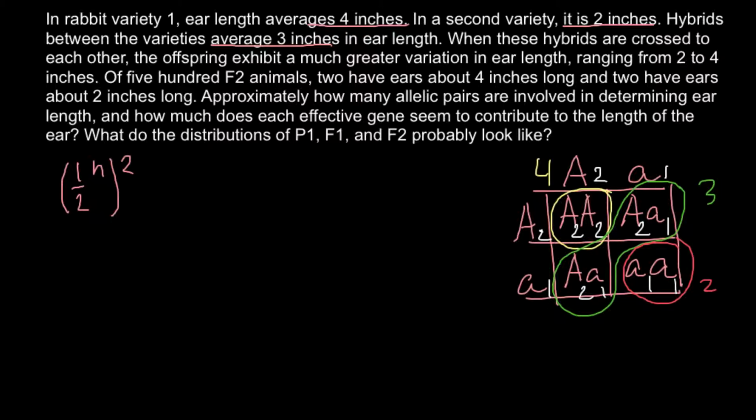Actually, a Punnett square of two parents that are the two extremes, one homozygous dominant and another homozygous recessive, would look like this.